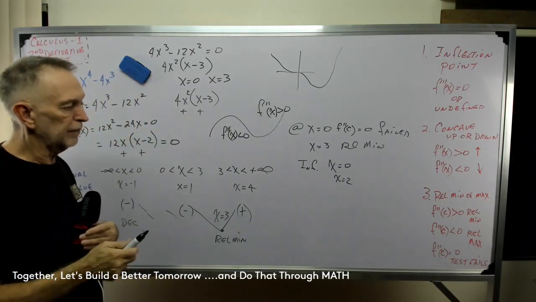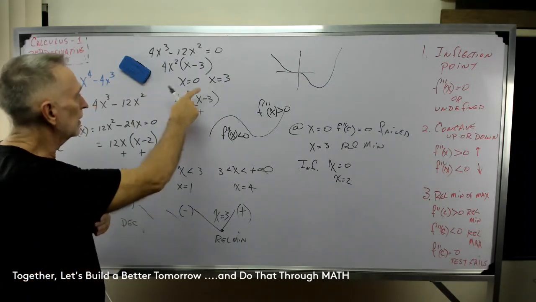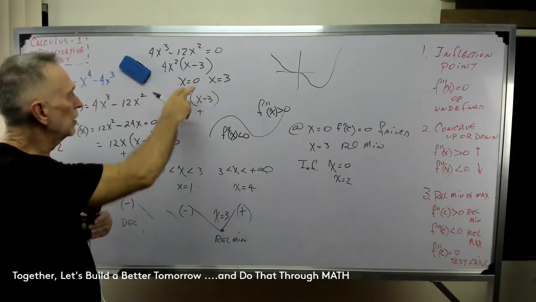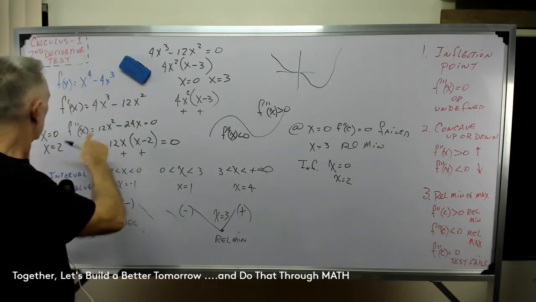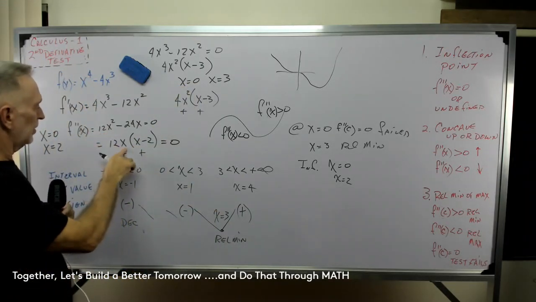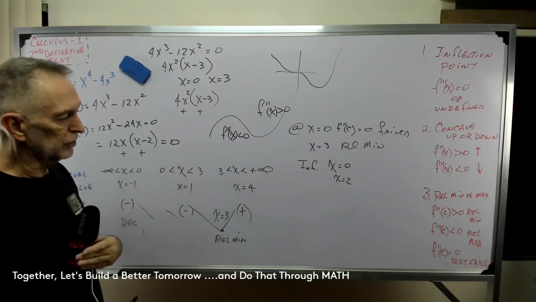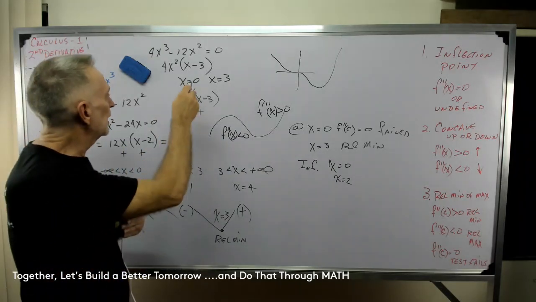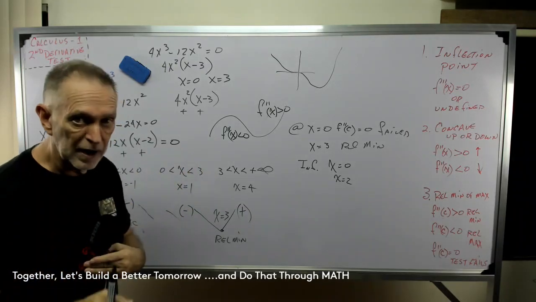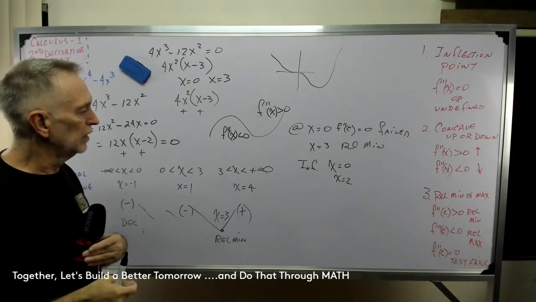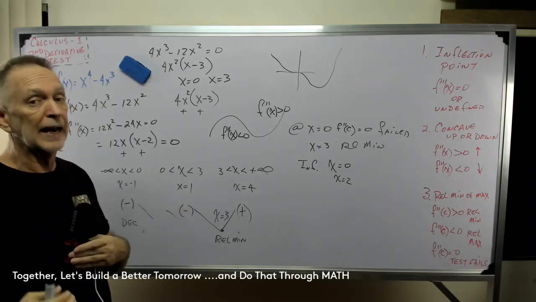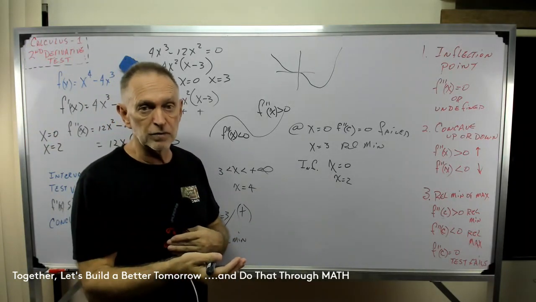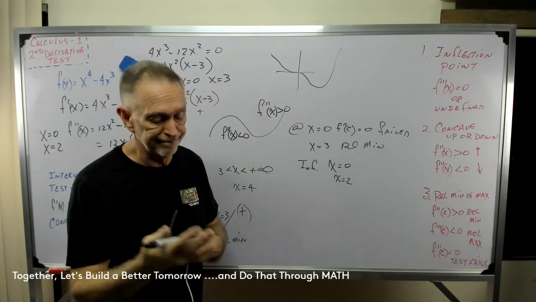I mean, we had f double prime of 0 came up to be 0. F double prime, you put 0 in here, yeah, it comes out to 0. And since that was one of our roots of f prime of x, the first derivative, then it set the second one equals 0 and the test failed, and I have to go back to the first derivative test anyway.